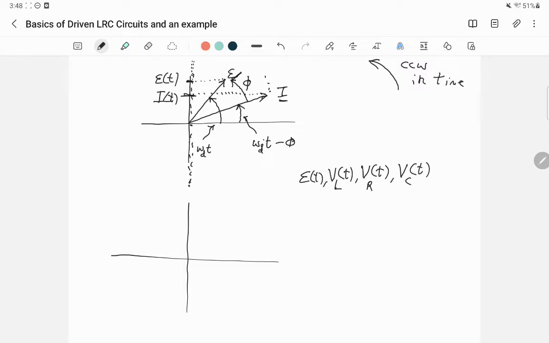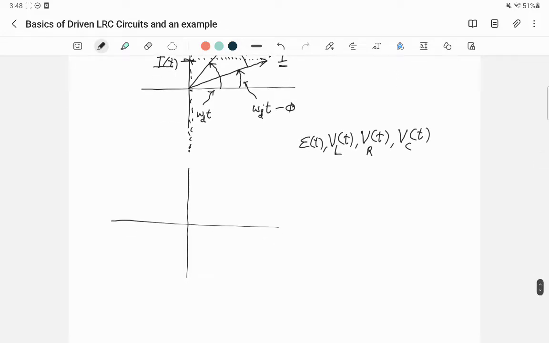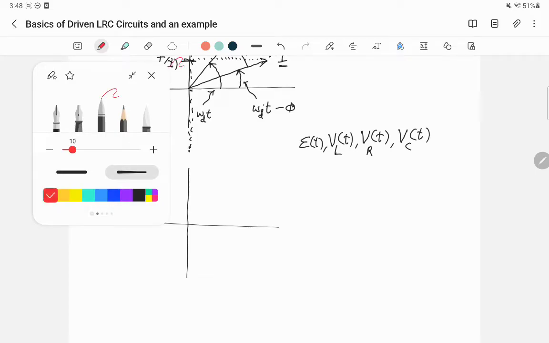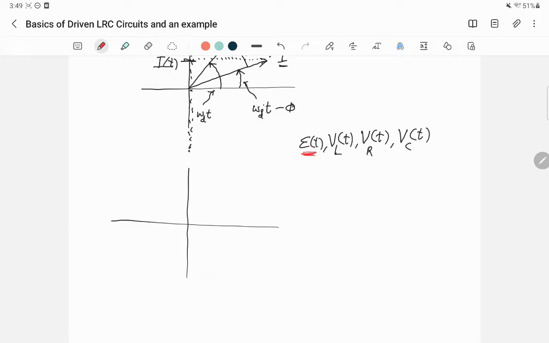And so here's my last sort of review point. So let me give the driver's voltage phasor a red arrow. Okay, so this is the driver's voltage.